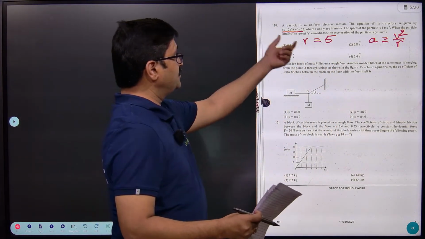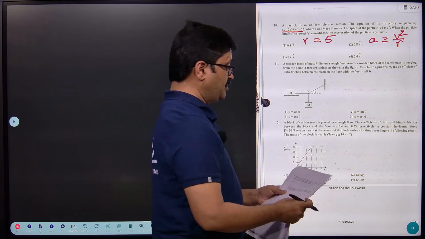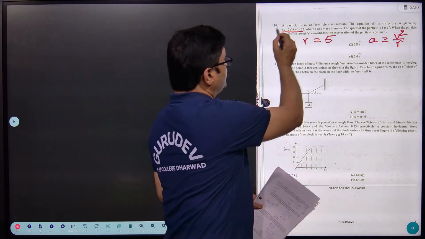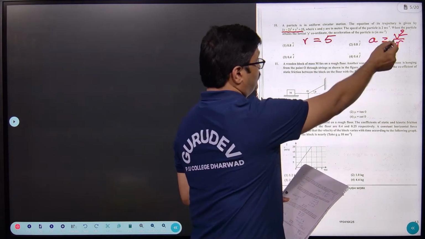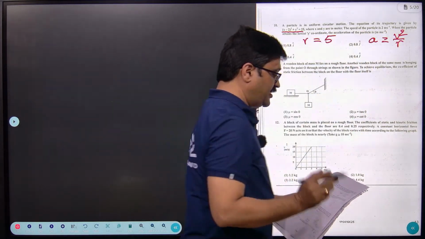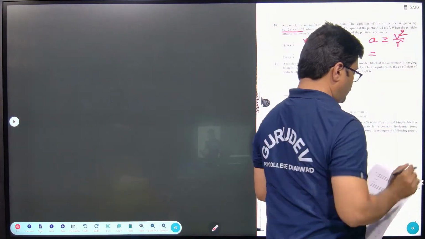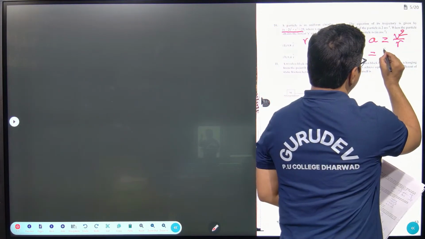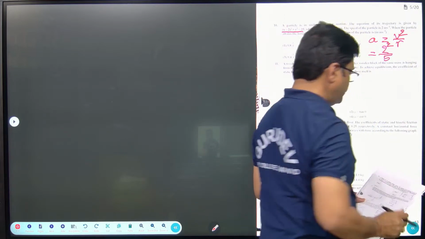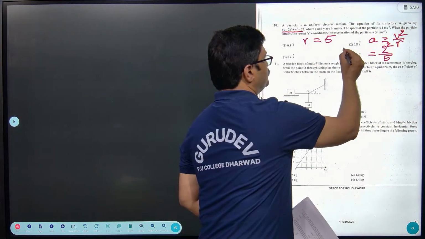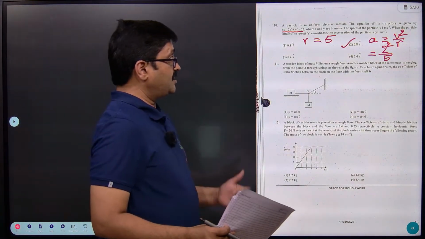So definitely the radius of the circle is 5, and velocity can be very easily found by using the coordinates here. If we simplify this, we'll get this value as 2 square by 5. So 2 square by 5 happens to be option 2. Question number 10, the answer is option 2.